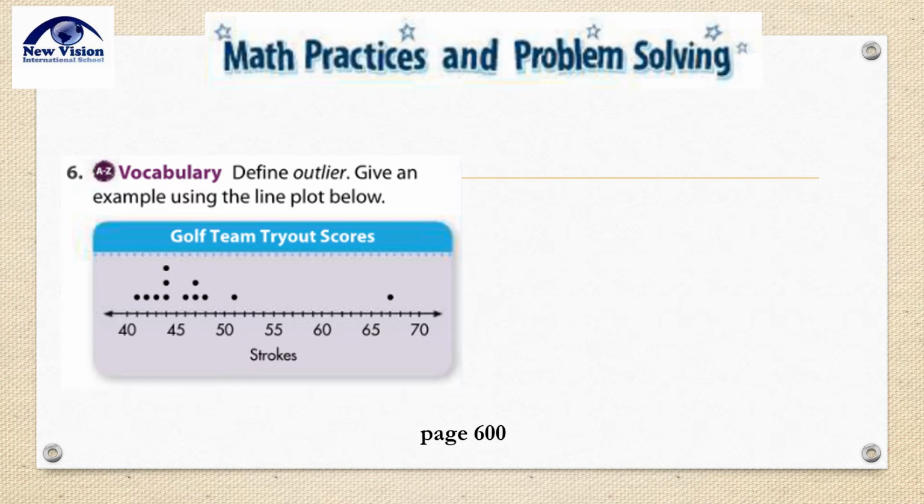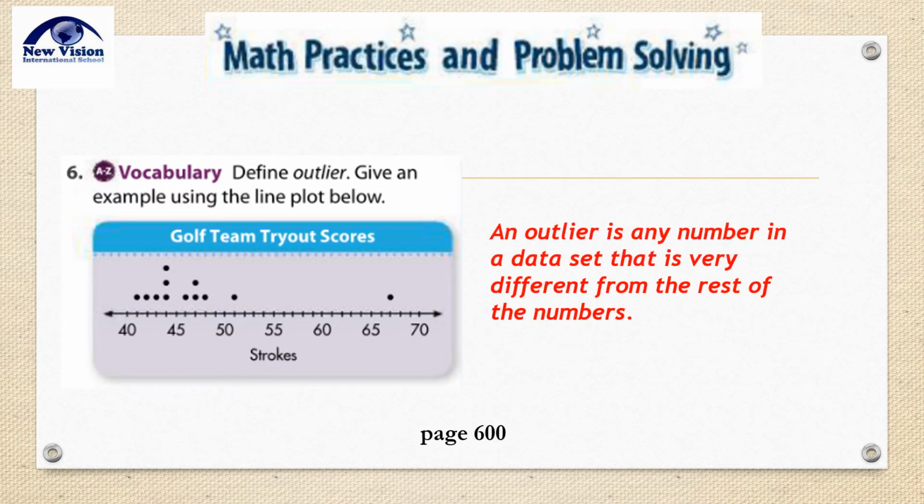Like what you have learned in the previous video, an outlier is any number in a dataset that is very different from the rest of the numbers. Give an example using the line plot below. In this illustration, 67 is an outlier.